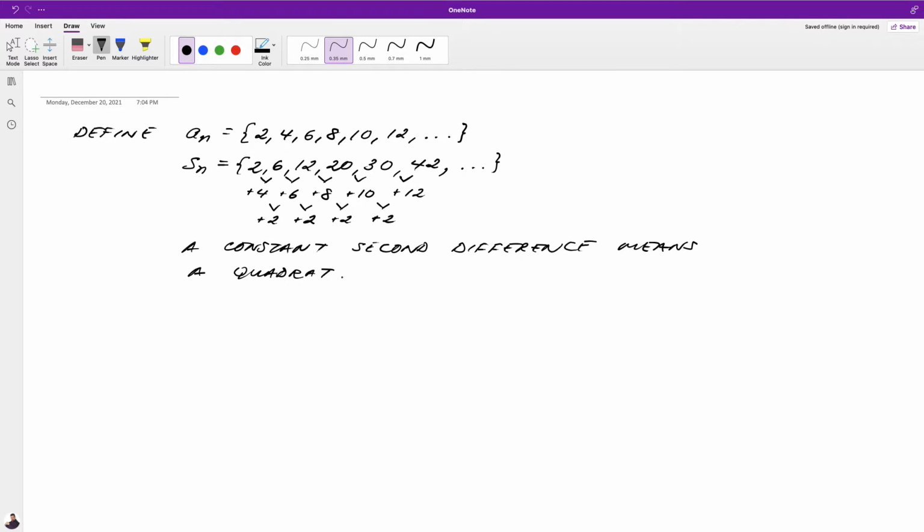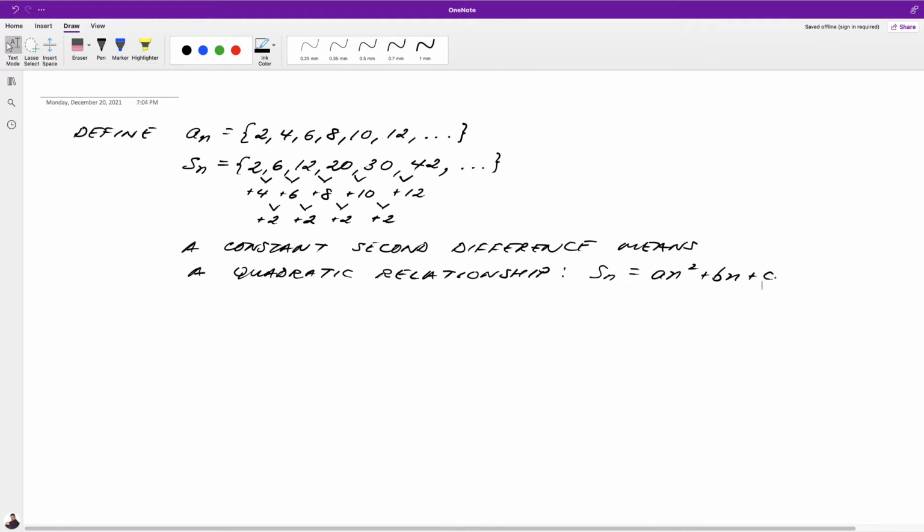Which of course can be modeled by an squared. Well, let's define it first. S sub n equals an squared plus bn plus c. Of course, we know n is restricted to the positive integers.